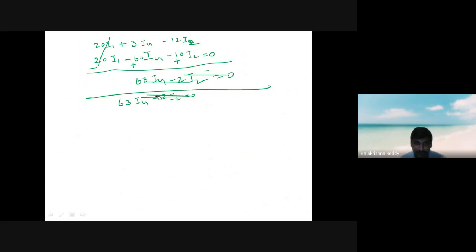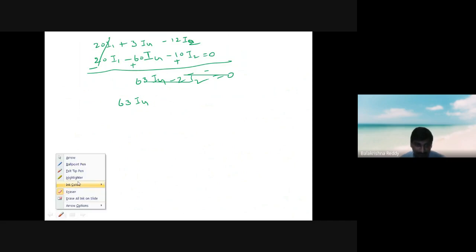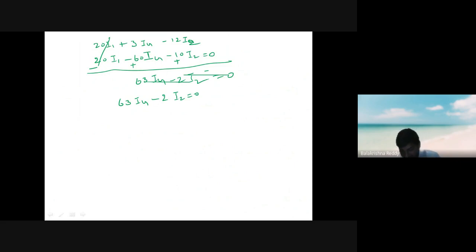So this became one more equation for us: 63 Ig minus 2 I2 equal to 0. Since it is minus 2 I2, how can you compare with the other equations? This is the fifth one. Is any value given in the question?